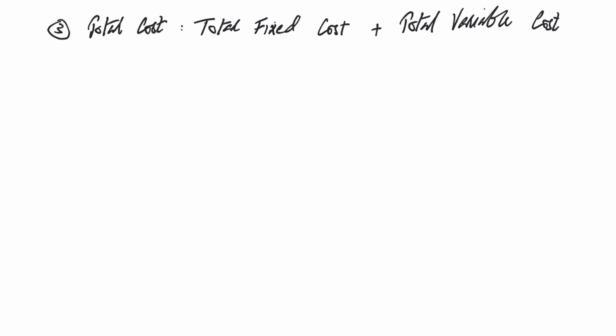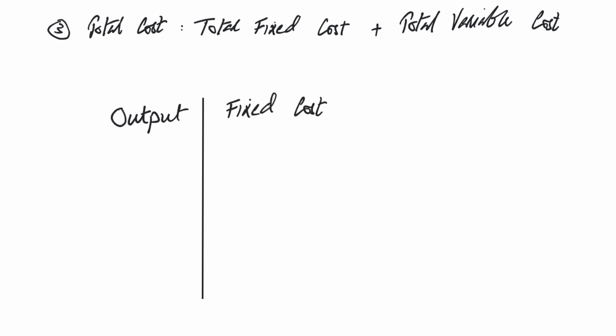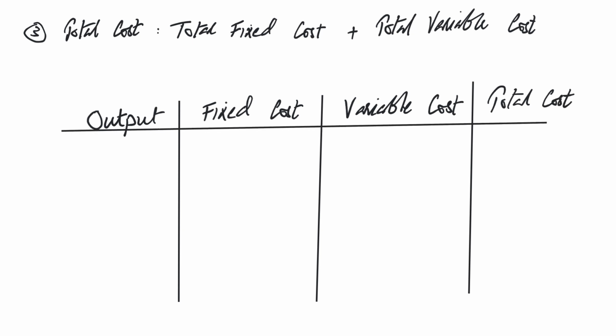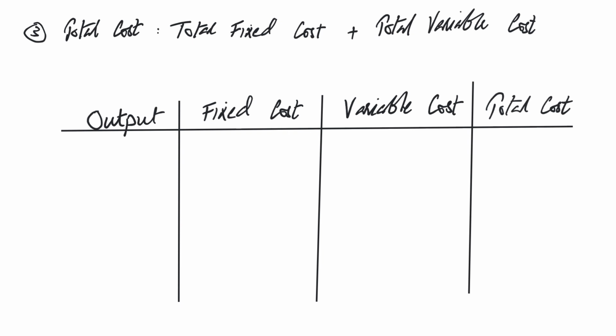Let's make a table: output, fixed cost, variable cost, and total cost. Okay?